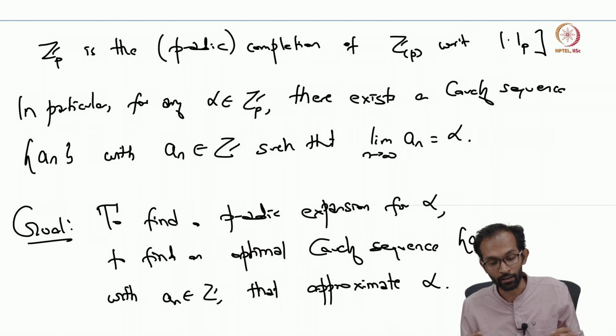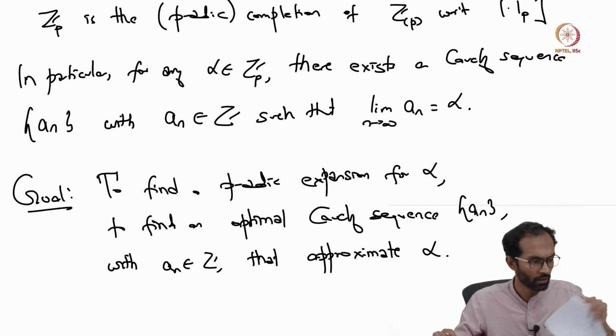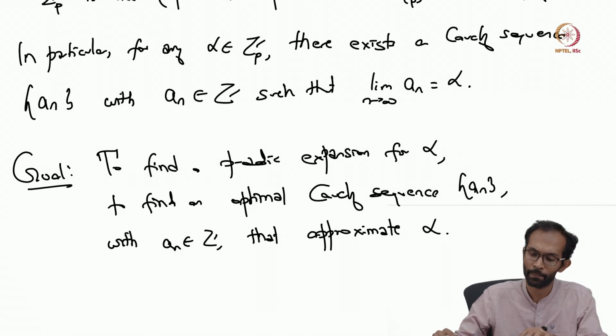Okay, so we want to find good approximations in Z for alpha when alpha is a p-adic integer.